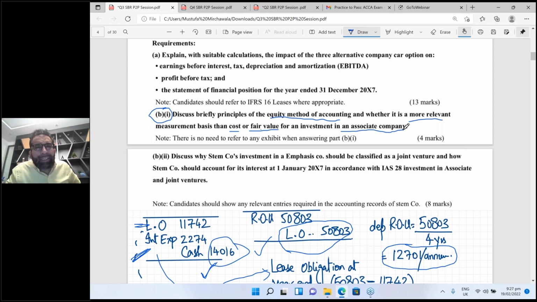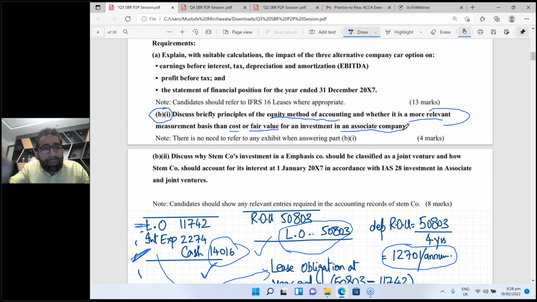Now tell me, whether it is more relevant. See the word relevant: relevant means useful for shareholders, than cost or fair value of an investment in an associate company. Yes, it is better than original cost. If you report this investment at original cost, then that will be outdated.